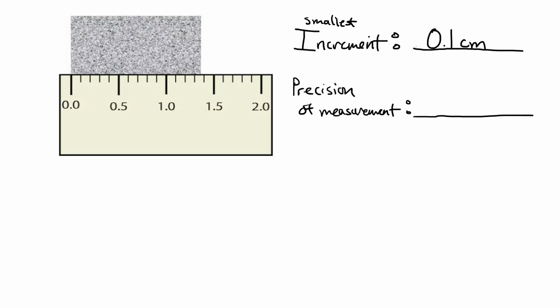So what is the precision of our measurement? The smallest increment is not determined by the value that is actually labeled. I'm saying this because of a direct message I received from someone here.